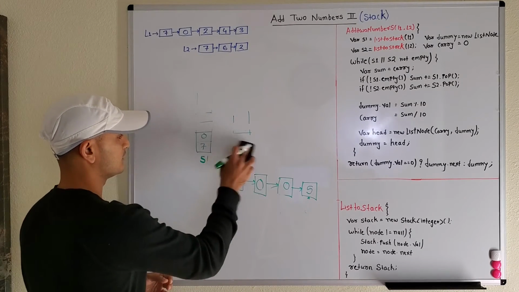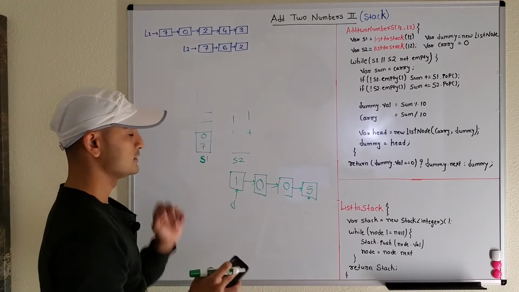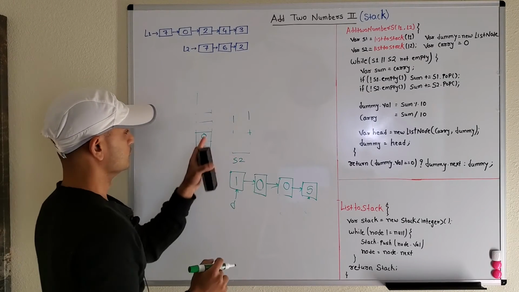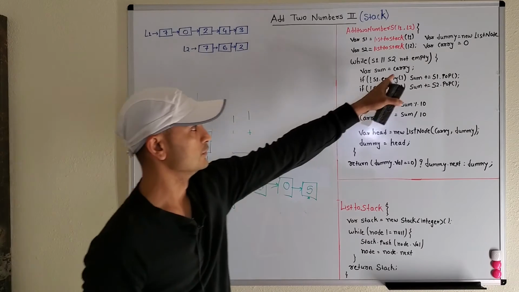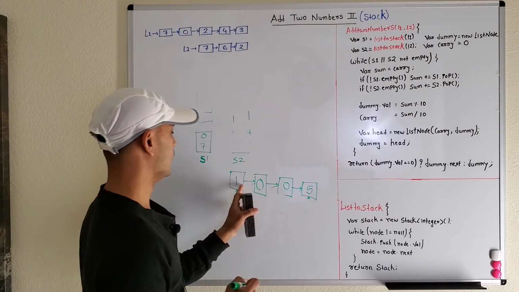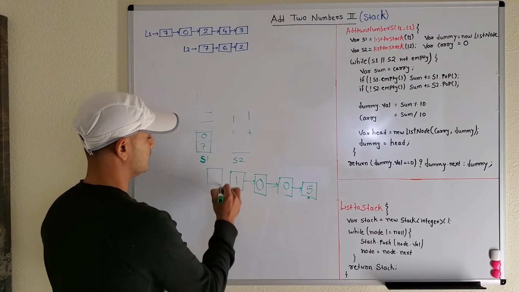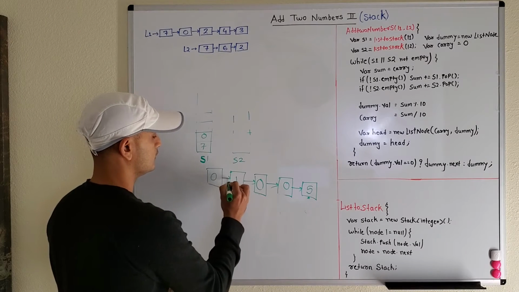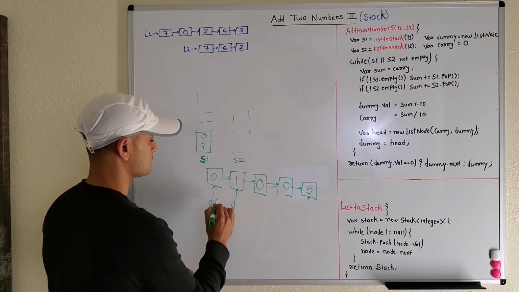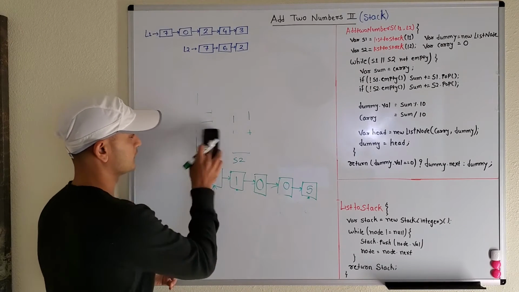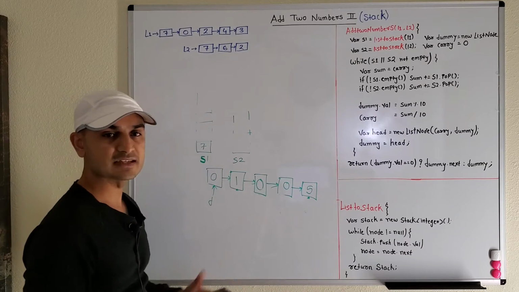So 2 and 7 are done. Stack 2 is empty, and stack 1 is left. So this is 0, and 1 plus 0 is 1, carry would be 0, and dummy moves here. Then finally we have 7.